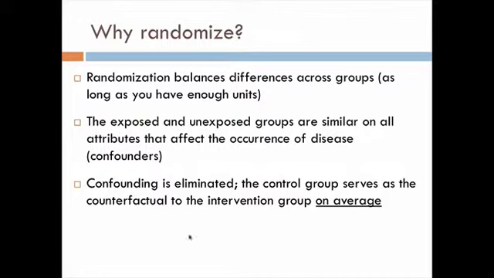Okay, so we just talked about how we randomize. Let's talk for a minute about why we randomize, because this sounds a little dramatic, but randomization really is this miraculous thing that, as I've been saying, allows us to avoid a lot of the problems in observational epi research. So what randomization does is it balances differences across groups, as long as we have enough people to randomize.